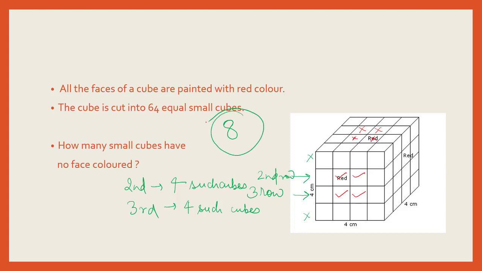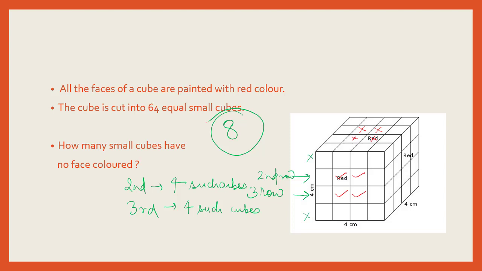And this is where your visualization would play an important role, that you should be able to visualize that there are cubes beneath this row and behind this column. Okay, I hope it is clear to you. Couple of times you might also be asked how many cubes have all 3 faces colored.